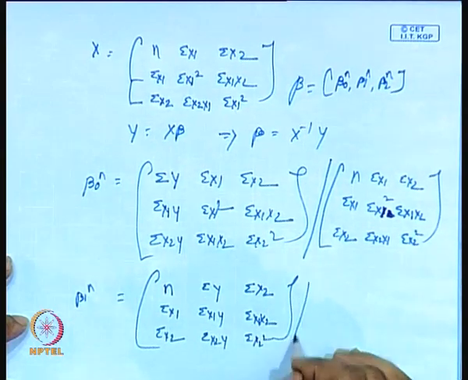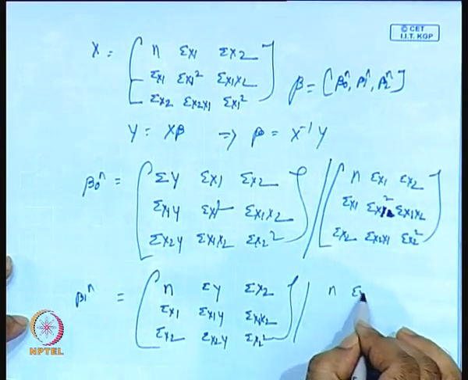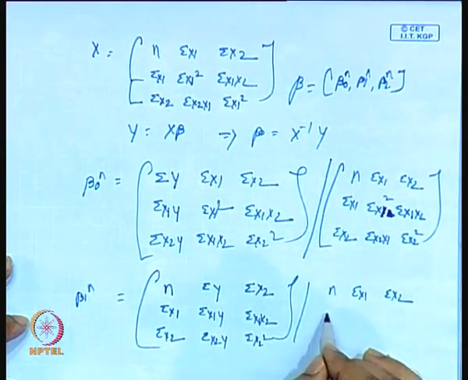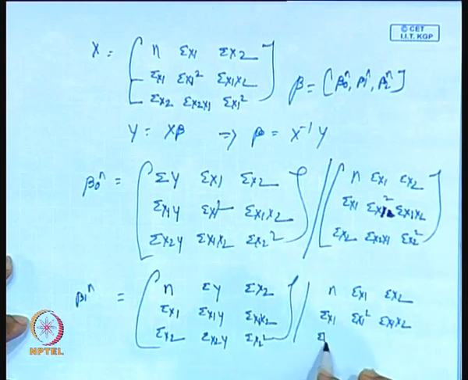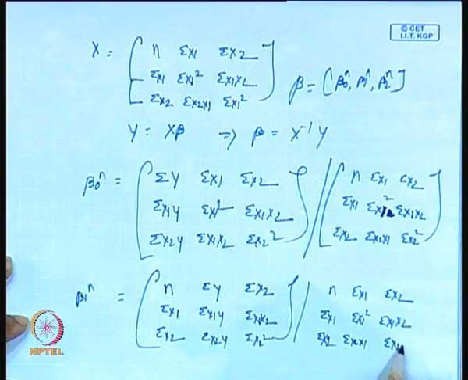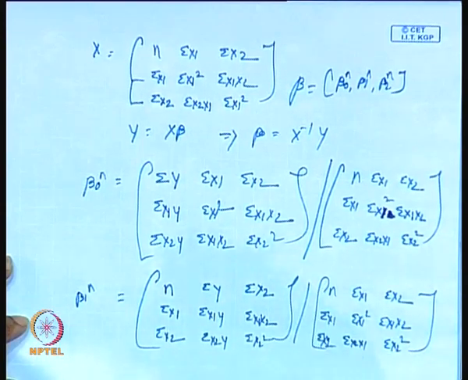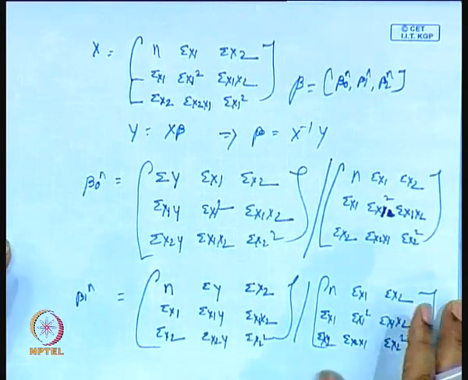So this is divided by n, summation x1, summation x2, summation x1, summation x1 squares, summation x1 x2, then summation x2, summation x2 x1, summation x2 squares, okay. So this is all about beta 1 head.